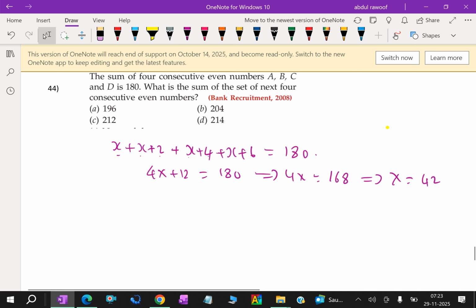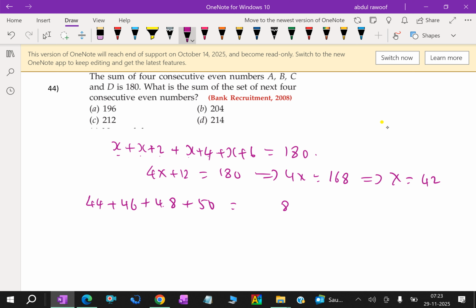42 is the first, then 44, 46, 48, 50 is 212. Here 8, 16, 14, 18, 1 carries, 6, 10, 14, 18.